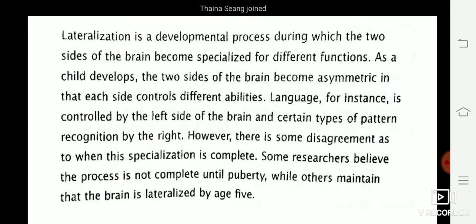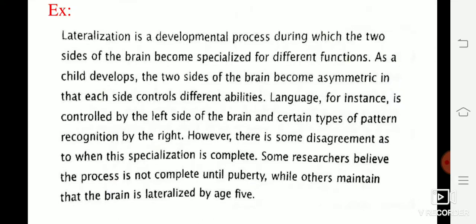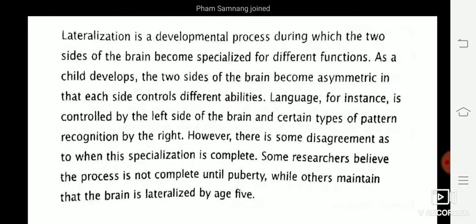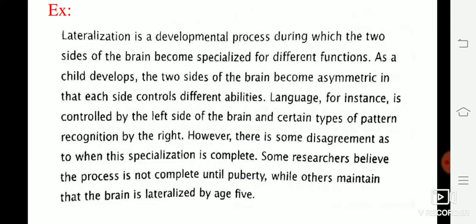As a child develops, the two sides of the brain become asymmetric. Asymmetric means not symmetric, in that each side controls different abilities.